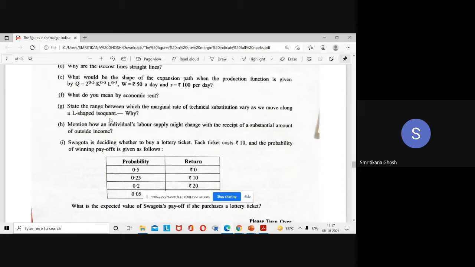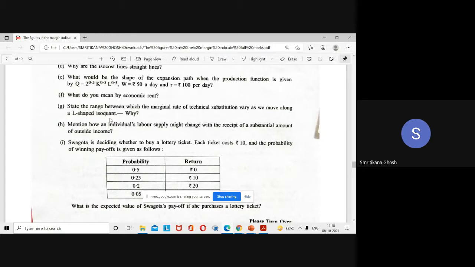Along the vertical stretch, your MPK is 0. So there is no such economic zone. It is only a point, the kink point of the L-shaped isoquant, which is giving you the economic zone. There is no range. It's just a point. The zone is converted to a single point, the kink point of the isoquant, where you can produce.